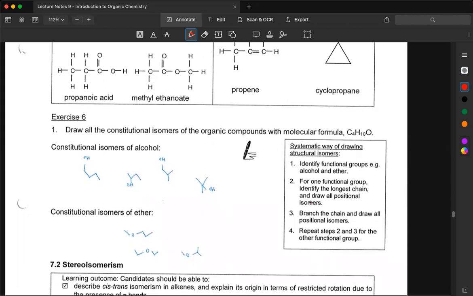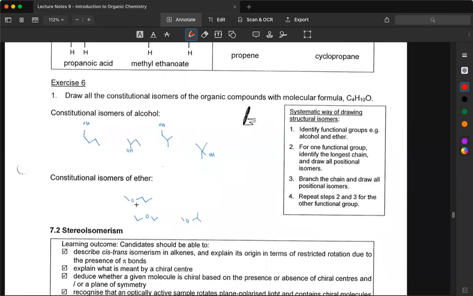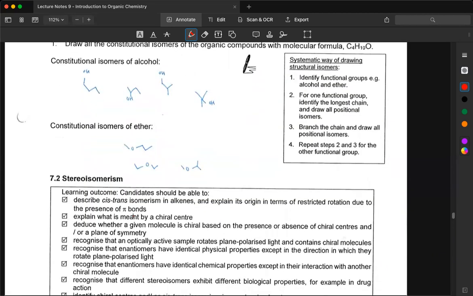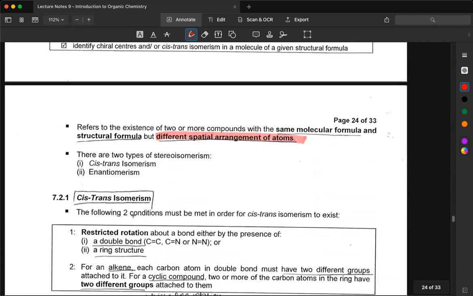So you branch out and then you draw all positional isomers, and you repeat steps 2 and 3 for the other functional group. So for alcohol, it can be here, here, or like that. You branch out the chain. You branch another one more time. For ether, move the O to a different position, or branch out one of them. So there are 7 isomers.